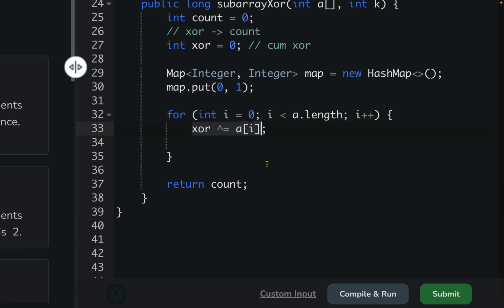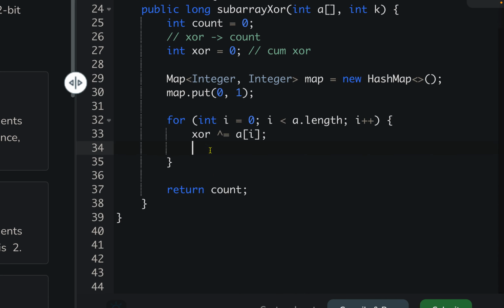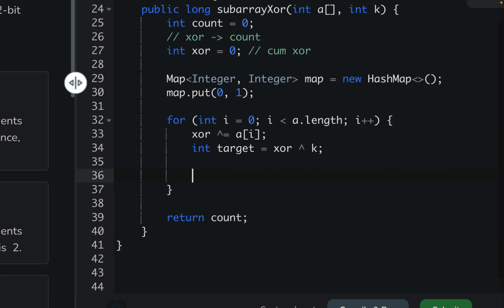What next? I got a cumulative XOR. I need to check whether something is on my left hand side or not. Cool. That means I need to check the target. So target would be nothing but XORing XOR with K. Cool. And I want to check whether the target exists or not. How can I check? I have already a hash map. Let's check with that.